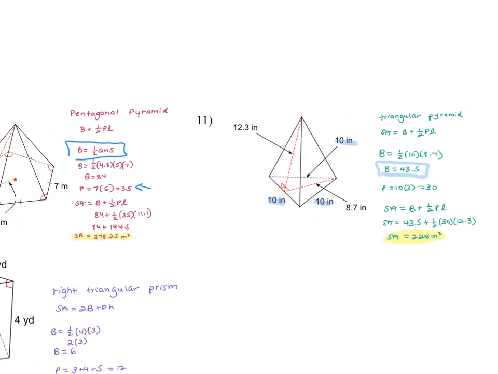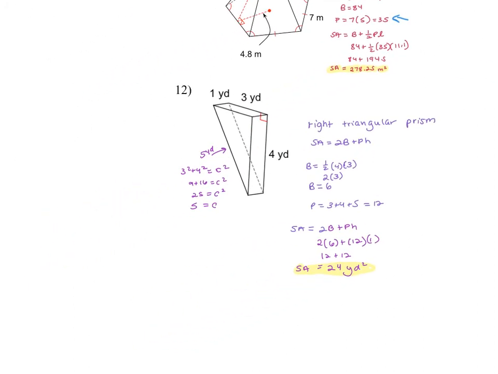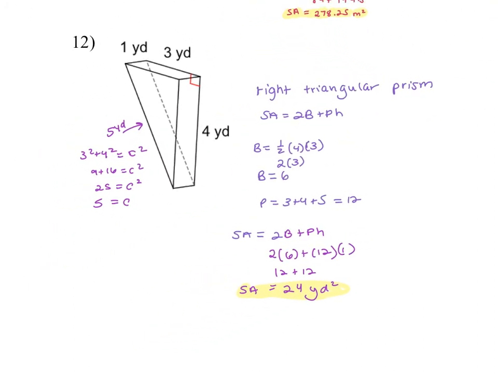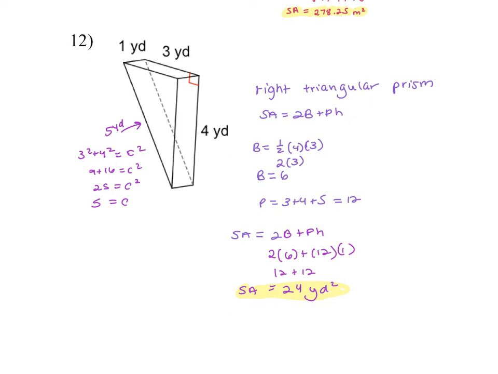All right, number 12. This is a right triangular prism. So notice the right angle back here. Again, my base shape is the triangle. So 1/2 base times height, and I get 6. And then the perimeter of the base: if you knew your triples, you could find the length of this to be 5.